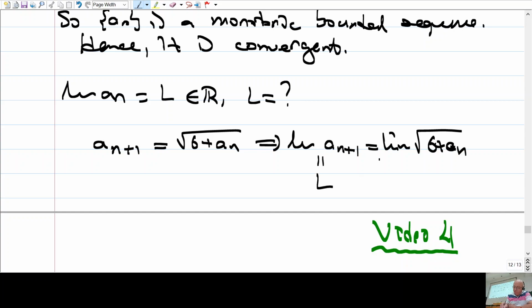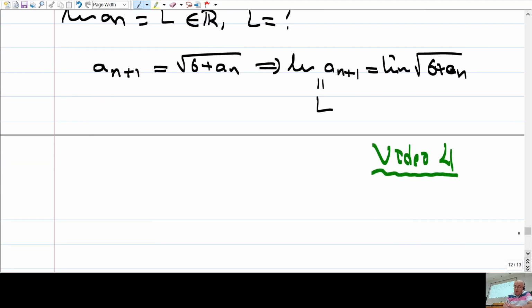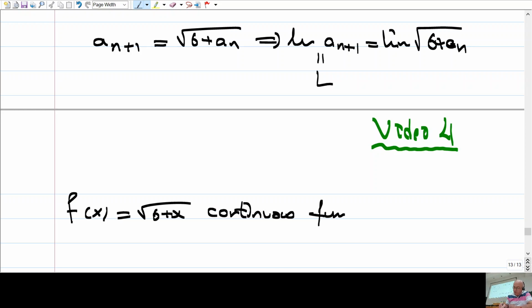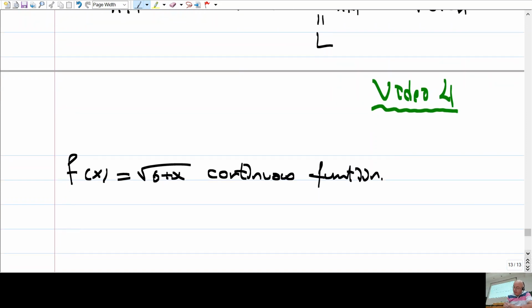So this is L. What about this one? Well, you see here, square root of 6 plus an. I can write f of x as square root of 6 plus x. This is a continuous function, and its limit as x goes to L of f of x is just square root of 6 plus L, since it is continuous.